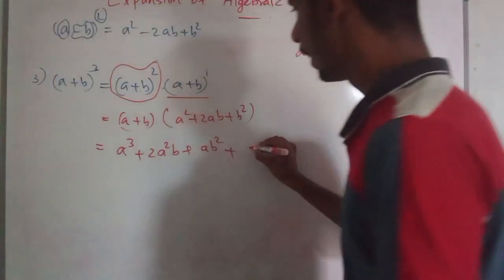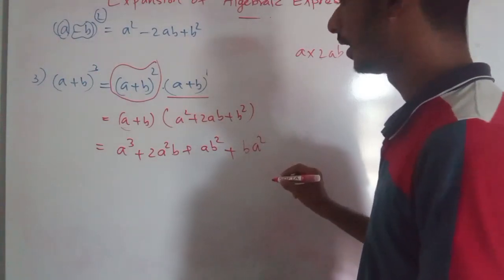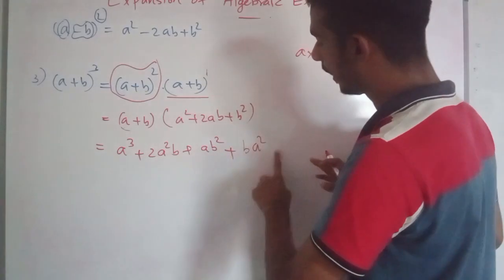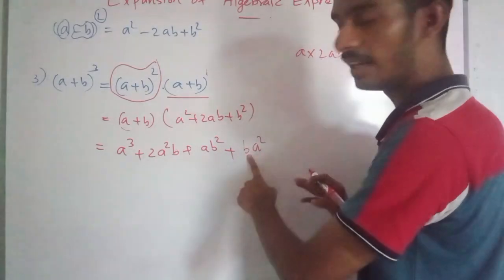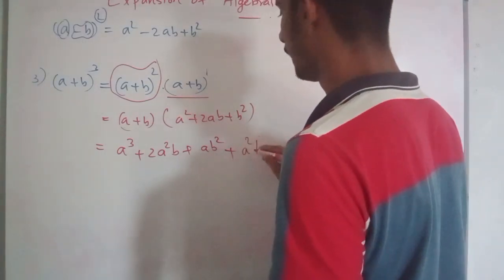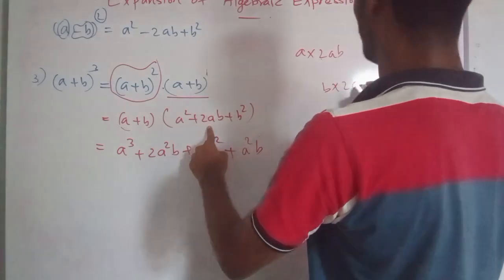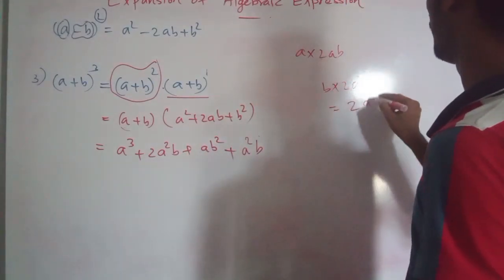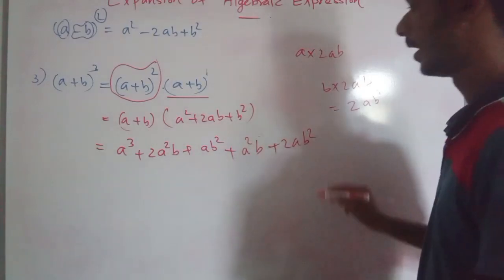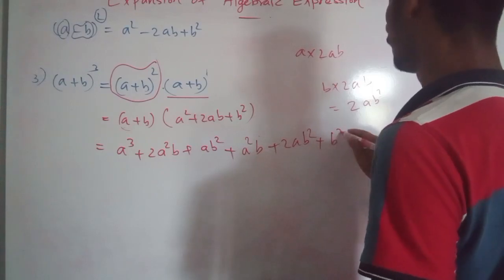So it will give you BA², but it is better to write in alphabetic order. So I can write BA², but A comes first in the alphabet, so I can write A²B, right? A²B, then B into 2AB, so this will be equal to 2AB², plus B into B², that will give you B³.